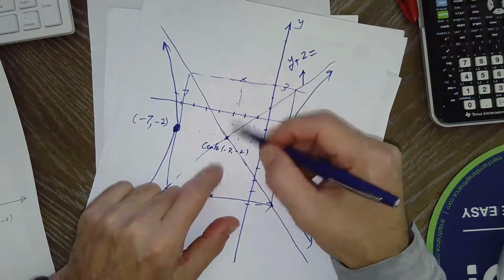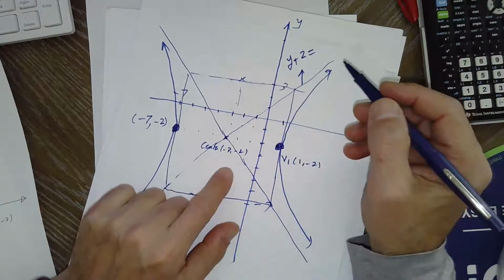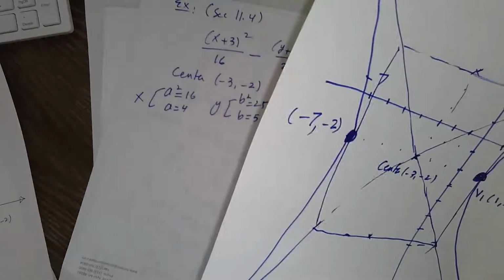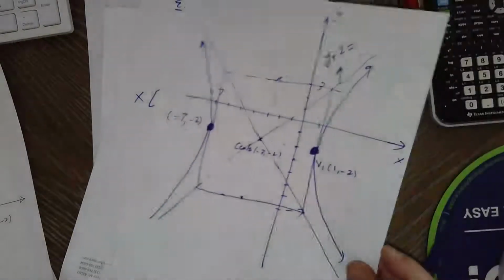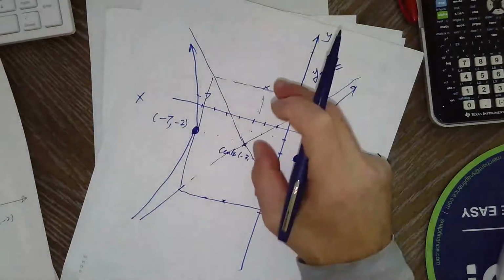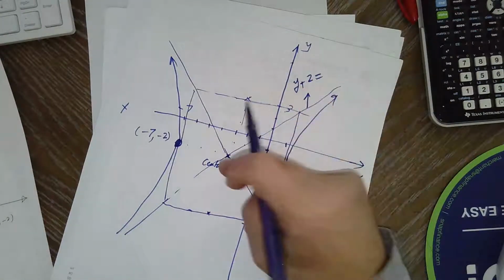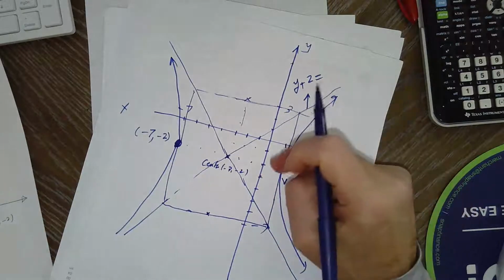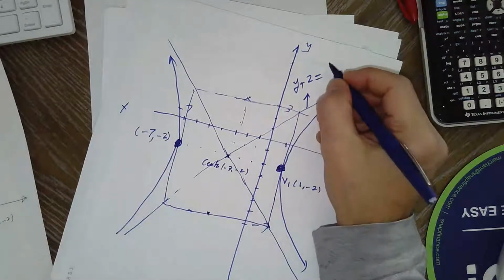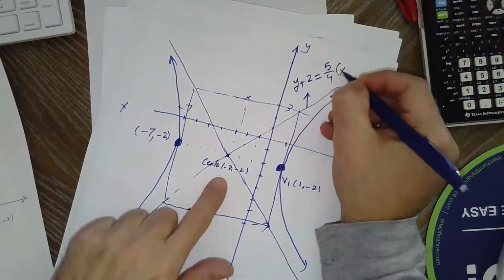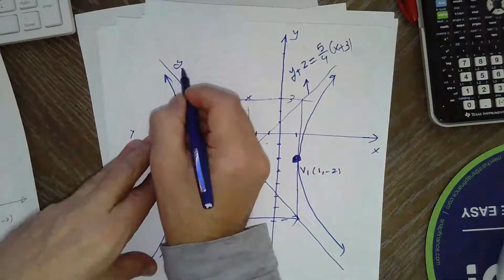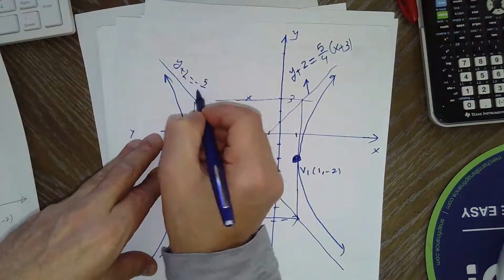Here a is 4 and b is 5, so the slope is 5 over 4, x plus 3. The other asymptote would be the same except the slope is negative.